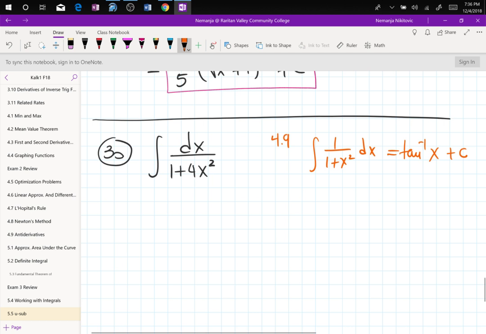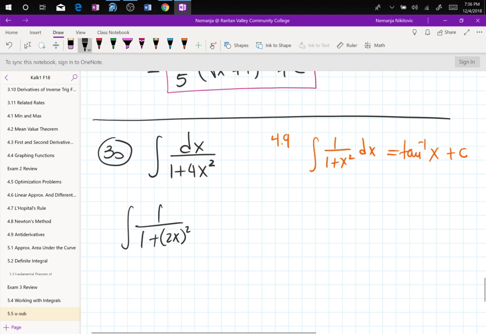Now, when you compare the two, attitude kicks in. Ugh, right, for 4x squared. So what do we do? We write this as integral of 1 over 1 plus 2x squared dx. You can put dx on the side if it bothers you.